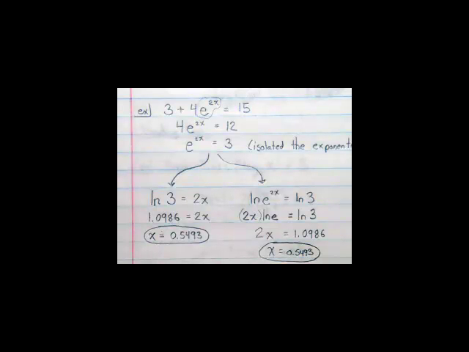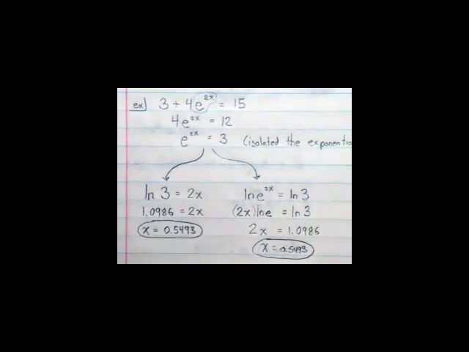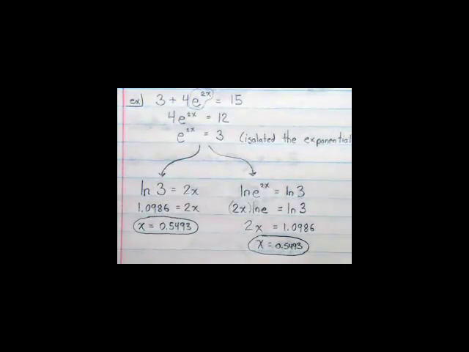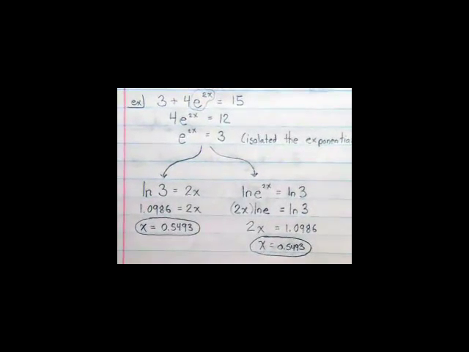If you can't remember that, but you do remember your product or your power rule and can use that, then logging both sides is a little bit easier. It's about a 50-50 split with students in the past with these two methods. But next, solving some log equations, and then we'll be done.